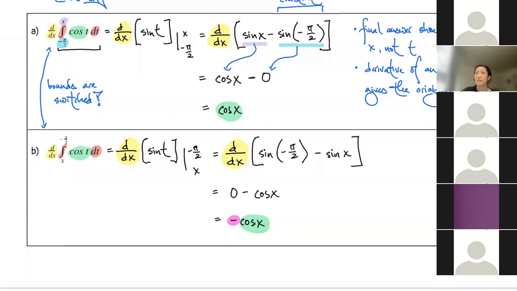So yes, we are going to be going right to left, but I argue there's another way in particular we could tell from here that it's going to be negative. Well, we don't necessarily know that negative pi over 2 is smaller because x might be like negative 2 pi, then it wouldn't be smaller, right?